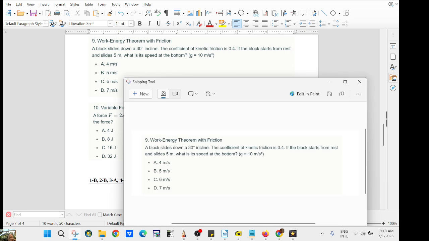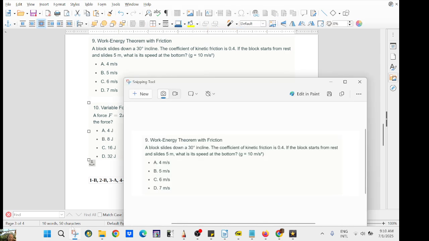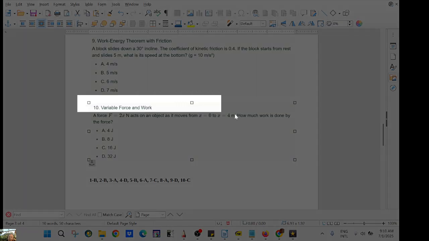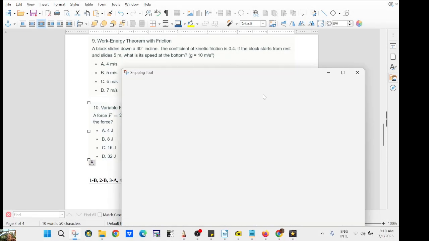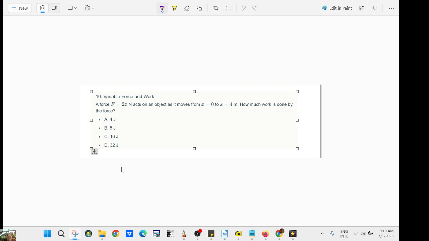So this is the last one, maybe a little bit challenging if you didn't take calculus, but really you just need to know the definition. So if you have a constant force, the work will be the force times the displacement, right?